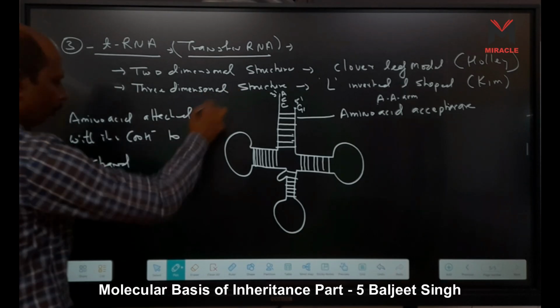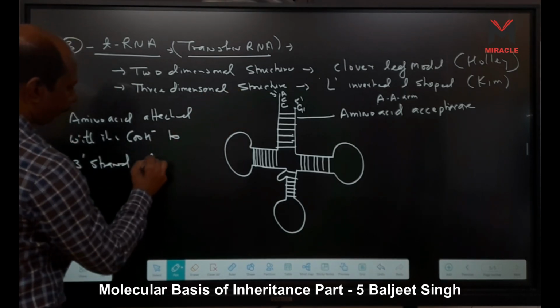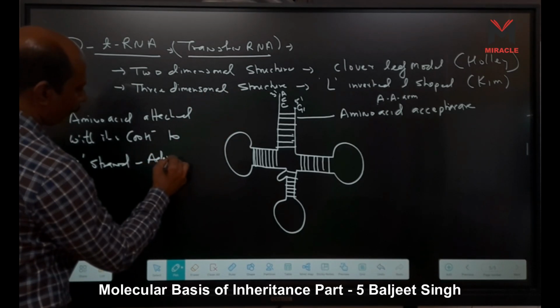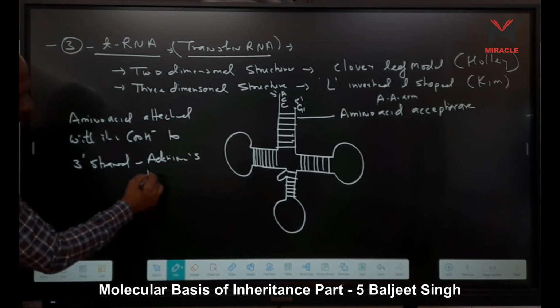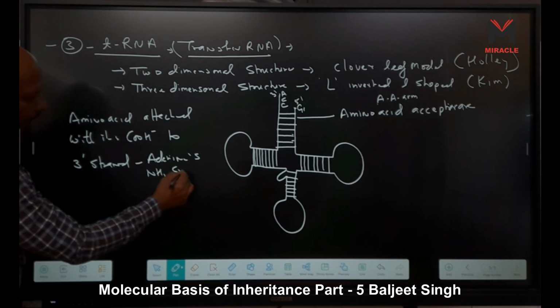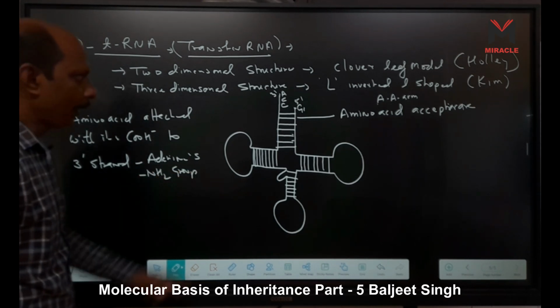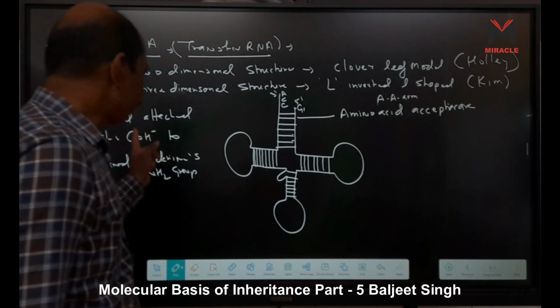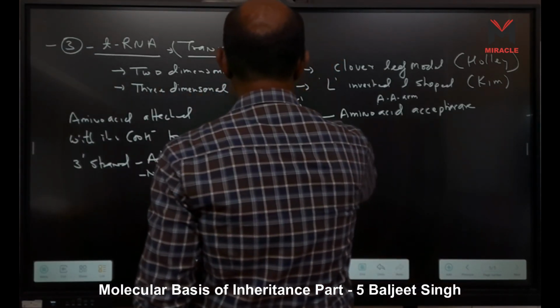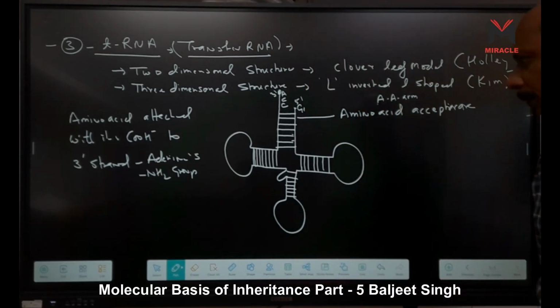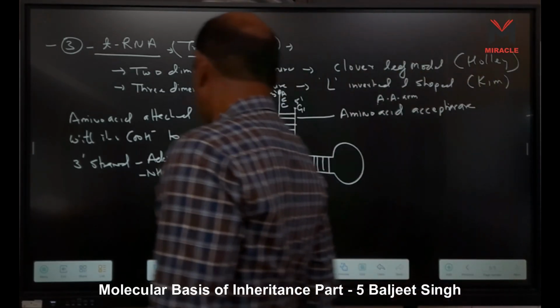And in the 3' strand we know here which one is there? Adenine. Adenine has an NH2 group, so adenine's NH2 group binds with the amino acid COOH group. That means the amino acid is bound at that place. Do you understand?